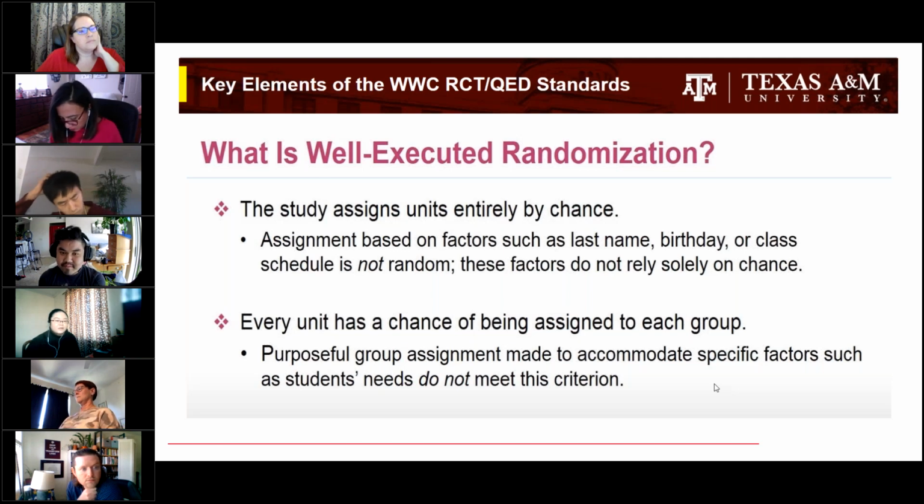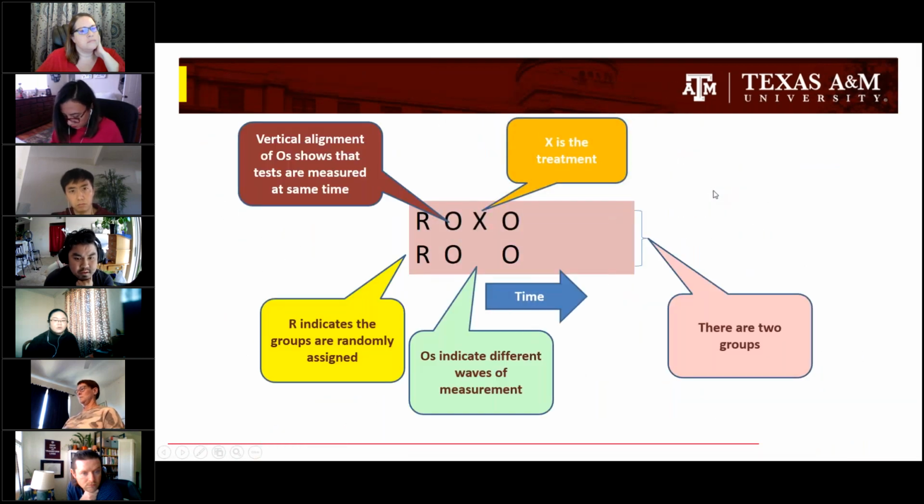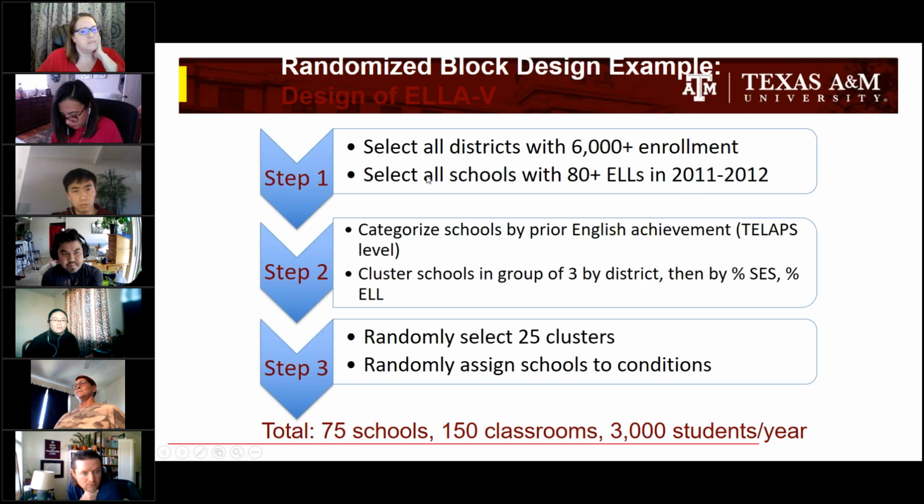Another thing is, for example, in Project LRV, we matched schools based on three criteria: school-level English achievement, like the TOPAS rating, SES, and the percent of English language learners. So we matched three schools. These schools share similarity at the school level, and then we randomly assigned the schools to different conditions.